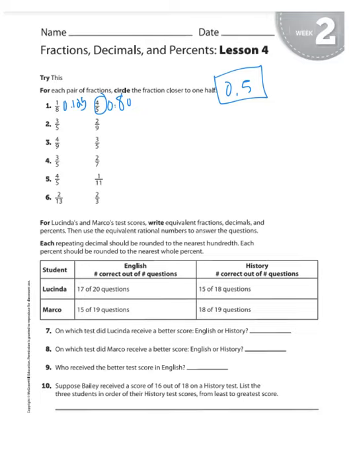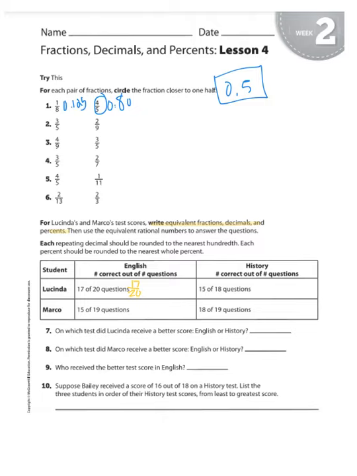At the bottom, we need to finish these charts by writing, and we have to do all three. We are going to write equivalent fractions as decimals and percents. So on the first one, Lucinda, we're going to have 17 over 20.